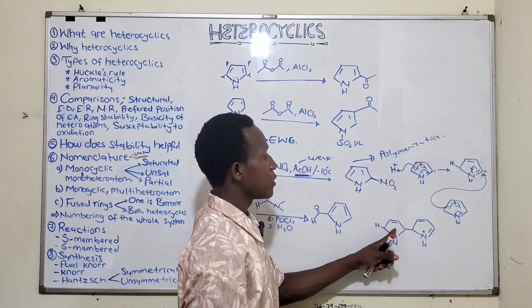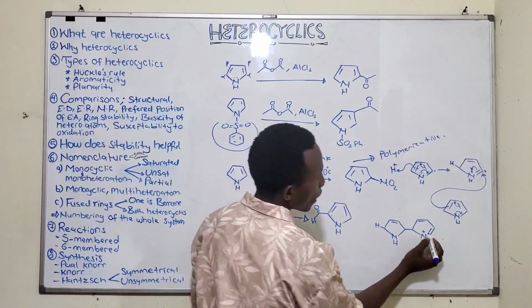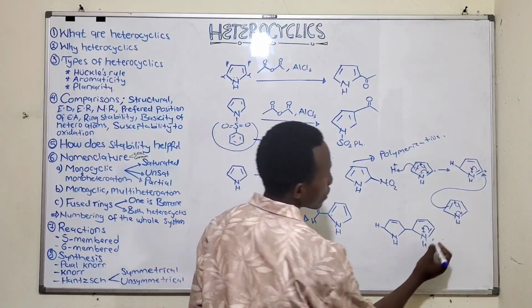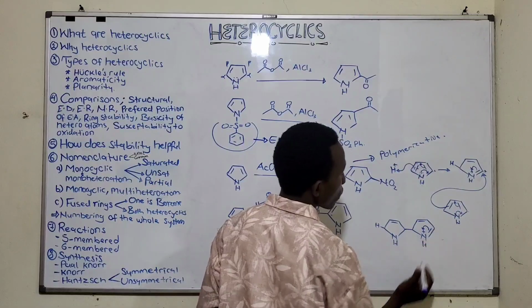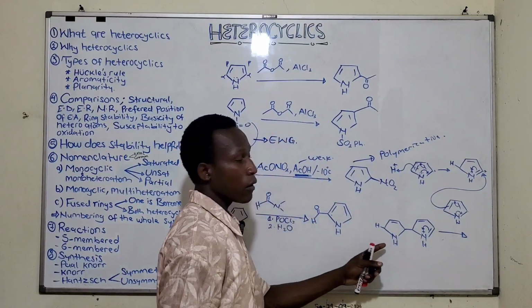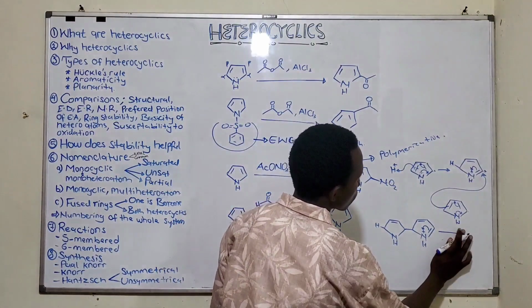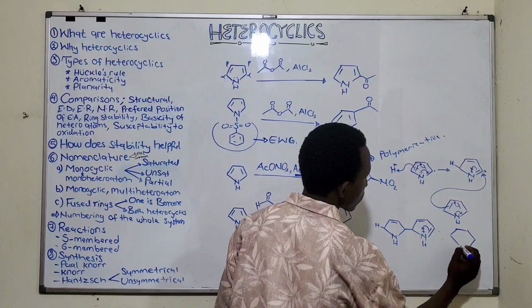So we shall have this, then a bond. As this one again gains its stability, again another one will attack. So we shall end up having a long chain of pyrroles. When it goes, another one will come like that.